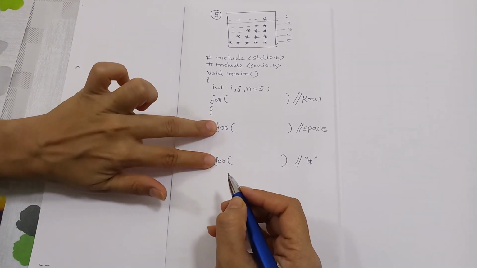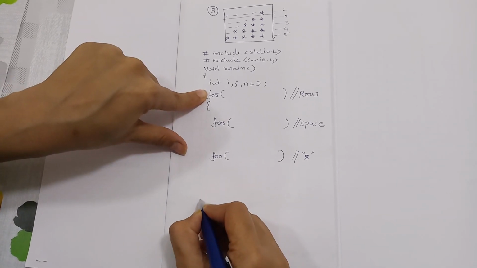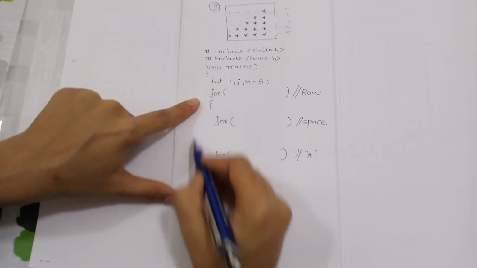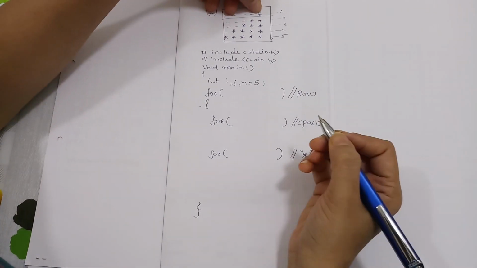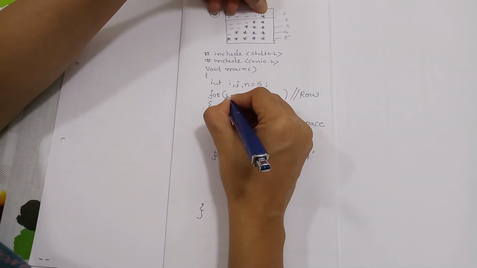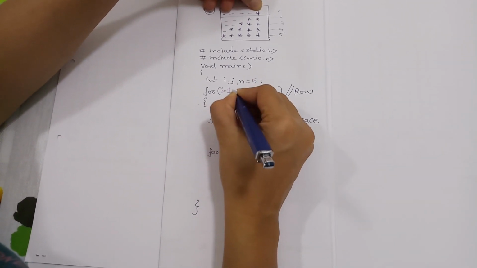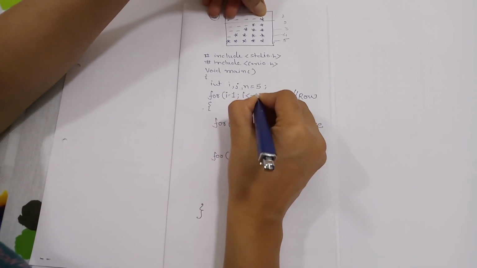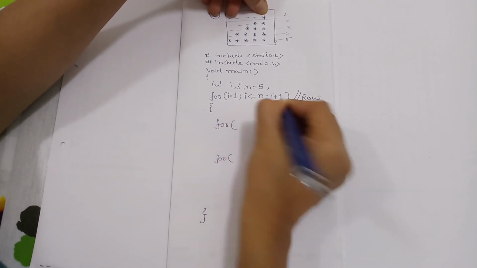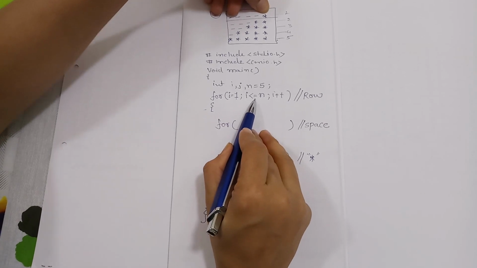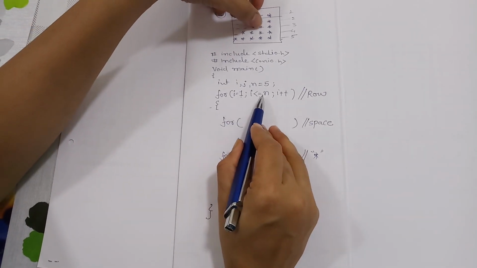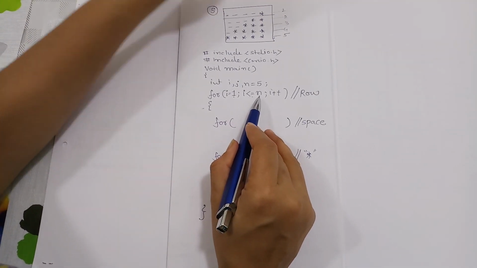So there will be 2 for loops in this outer for loop. So this will be the completion of your outer for loop. Now your row number is starting from i equals 1, i less than or equal to n, i plus plus. So 1 to n we are printing. Total number of rows are 5.